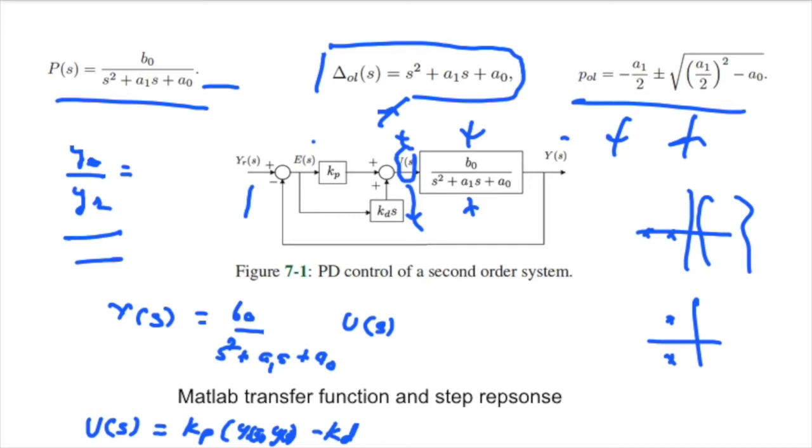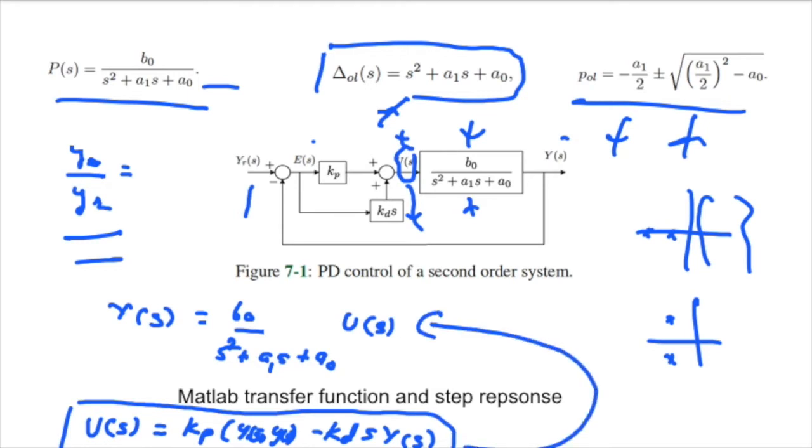The Laplace of that will be KdS into Ys, right? So that's my U of S. I can substitute that here and solve for the ratio of Y over YR, because U of S will then be eliminated. Everything will be YR and Y, and you can find the ratio, the transfer function.